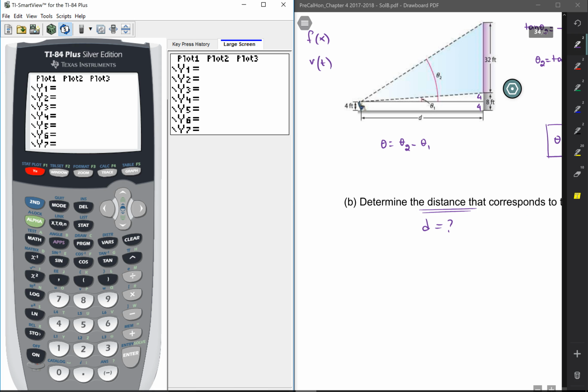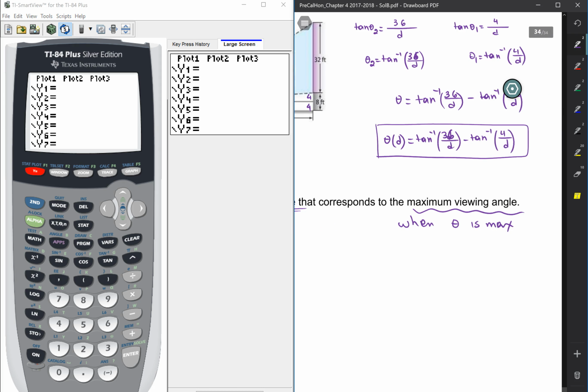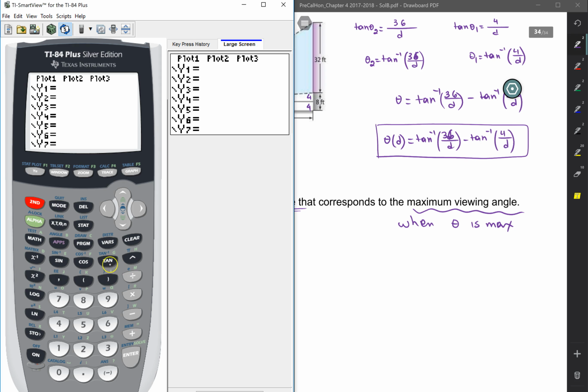Y equals. No, not in radian. So let me put in the function first. It's going to be inverse tangent 36 over d, so 36 over x, that's going to be our x, right?